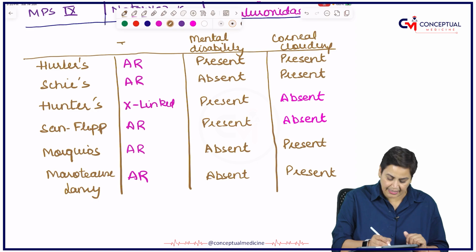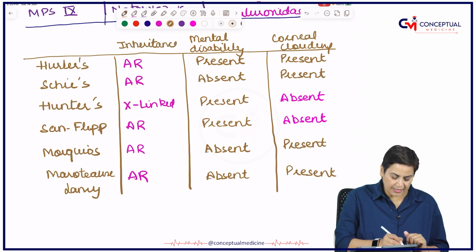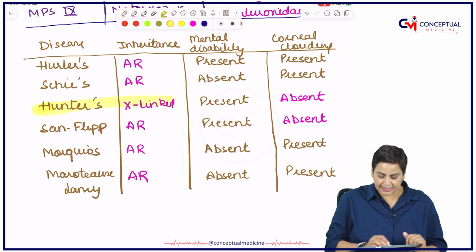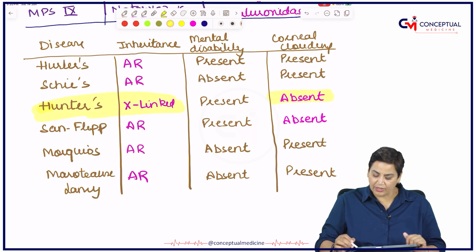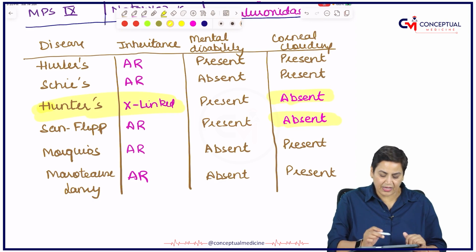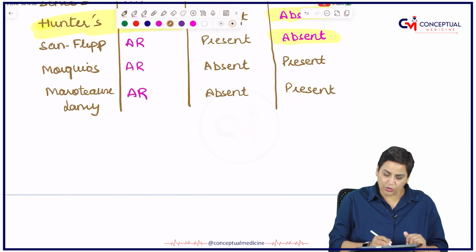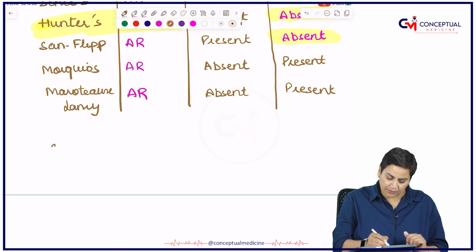Here I can just write inheritance and here the disease. So the most important one is that Hunter is X-linked, right? And corneal clouding is absent. For this we have to just remember one mnemonic. Sam goes for hunting.